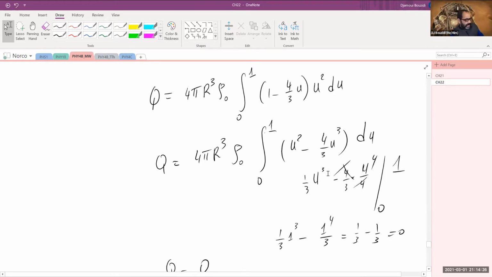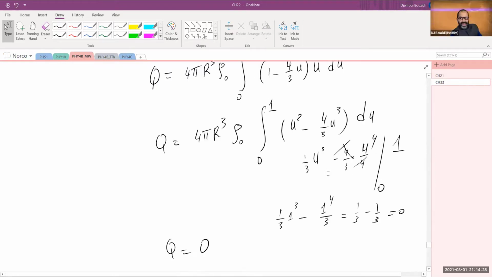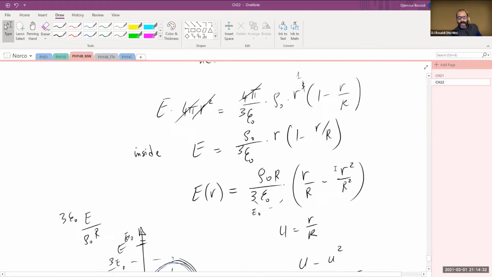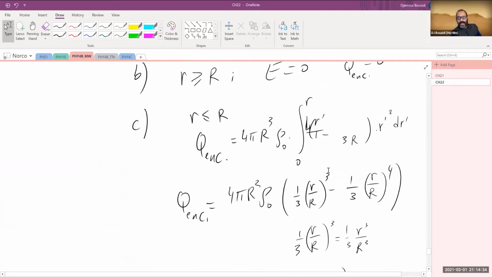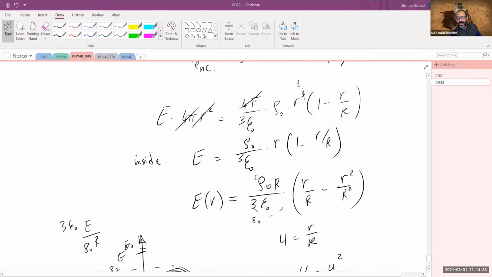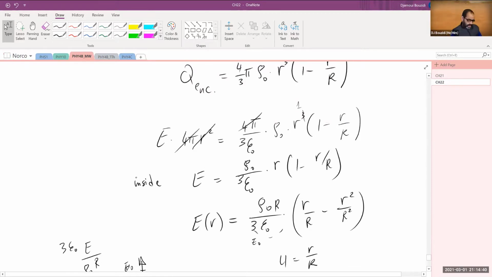We didn't do a triple integral. We didn't do a double integral. As a matter of fact, for the other side of Gauss's law, I did not even write the integral form. I already wrote the answer, namely, where is Gauss's law? This one. So this is the other side of Gauss's law because of the symmetry. Again, I argued the symmetry one way or the other.